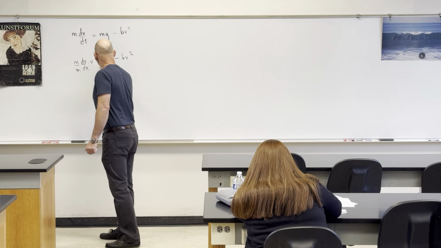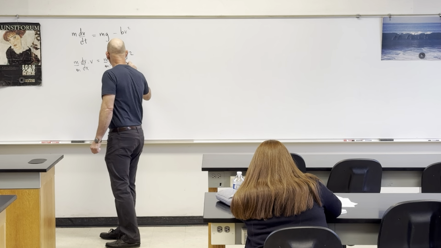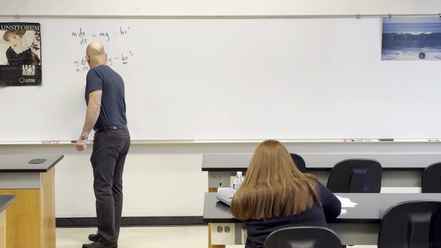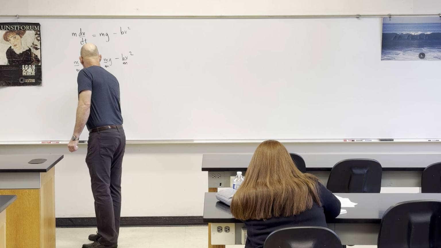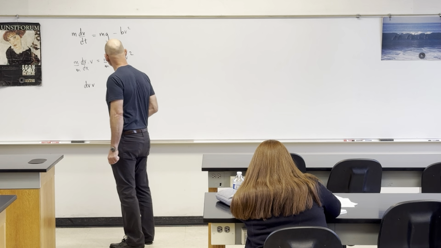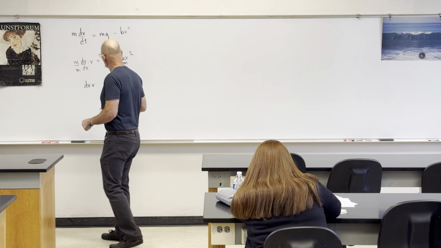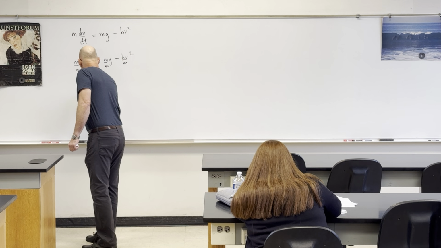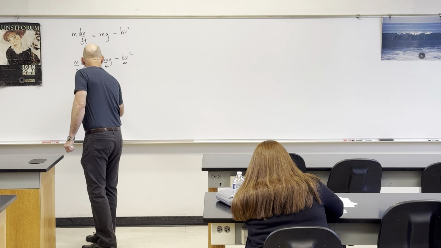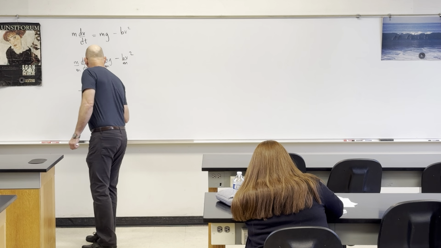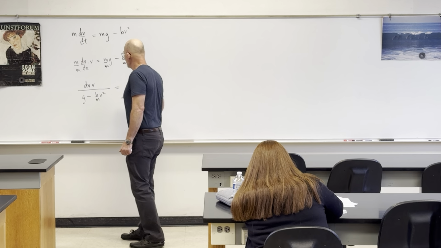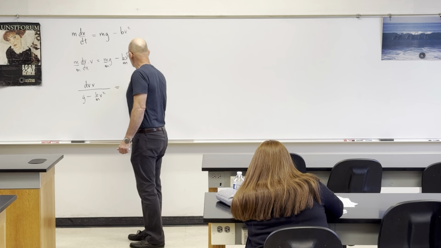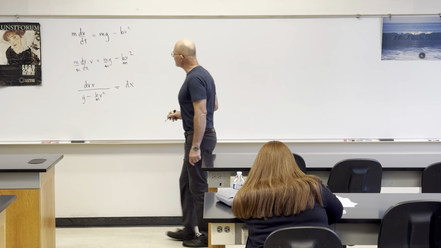So we'll have v dv divided by g minus b over m v squared is equal to dx. So that's the separation of variable step.